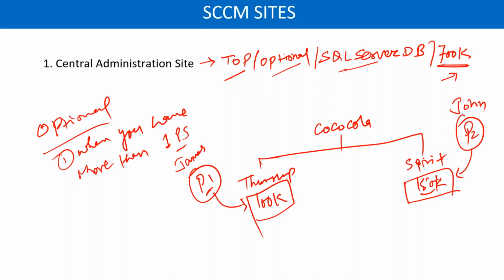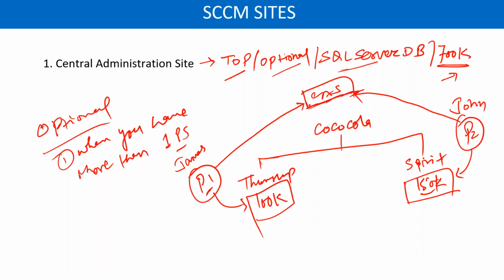You can separately manage these two primary sites, but now the company decides that we need both these sets of devices to be managed through a central server. So you can install a central server, and then primary site 1 and primary site 2 can be joined together here. So both will report to the central administration site.